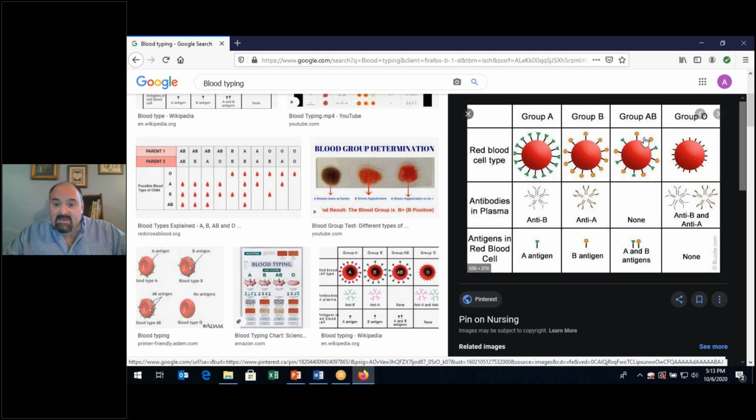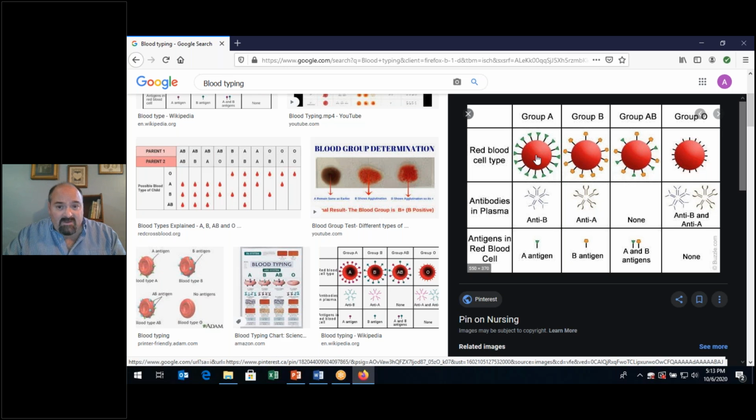Now know that if we have A and B antigens here, we cannot have A or B antibodies present in the plasma, or we would have an autoimmune response. Our body would have the antibodies attacking our own erythrocytes. Can't have that, right? Type B blood has B antigens, so it would make sense that our immune response would produce type A antibodies.